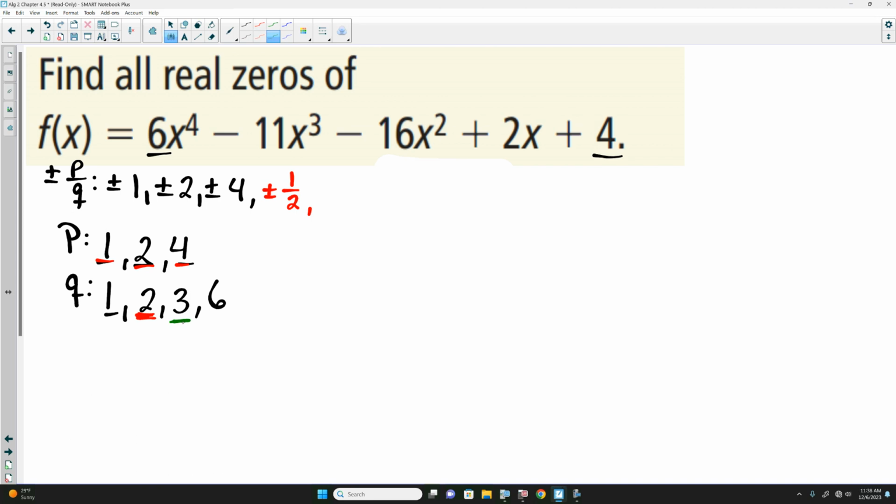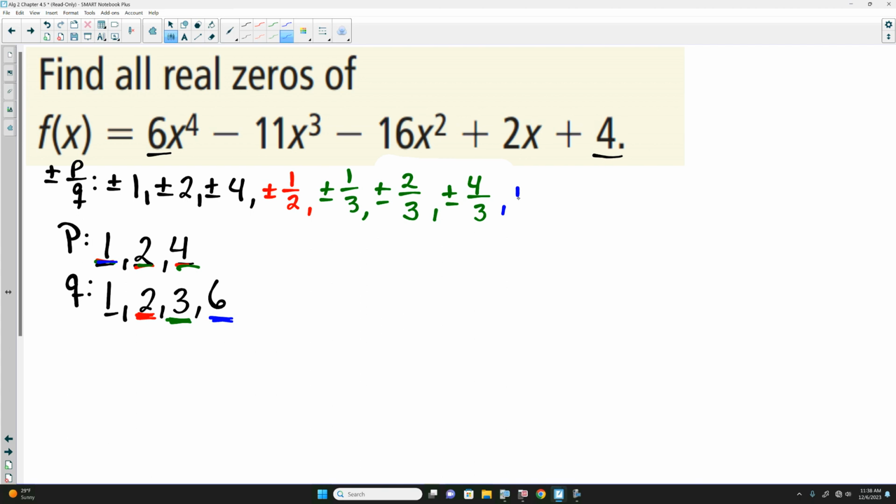Then we can move on to 3. 1 over 3 is plus or minus 1/3. 2 over 3 would be plus or minus 2/3. And 4 over 3 is plus or minus 4/3. And lastly, we're going to do the same thing with 6.